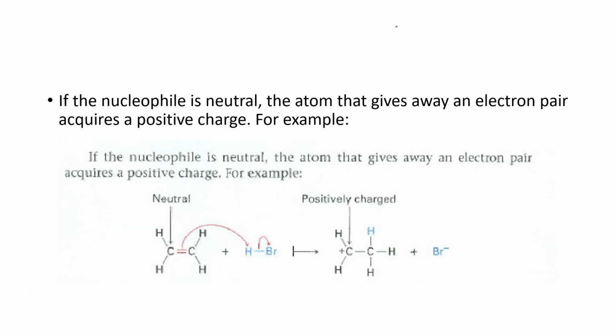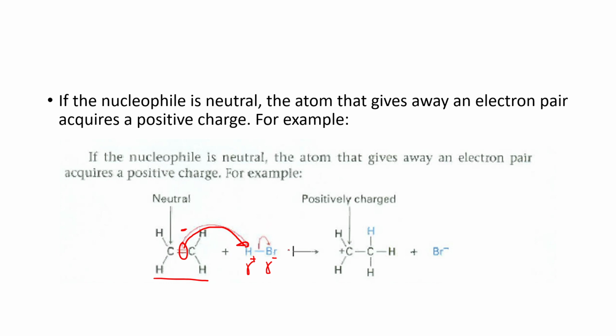However, if the nucleophile is neutral, the atom that gives away an electron pair acquires a positive charge. Take for example this one. Ethylene is neutral in nature. However, it has a double bond which is negative in nature. It can grab hydrogen because again, hydrogen is positively charged, bromine is negatively charged because of the difference in electronegativity.